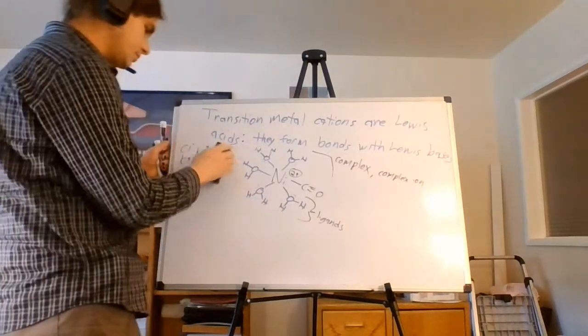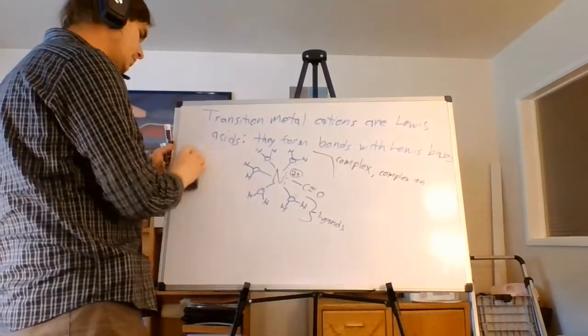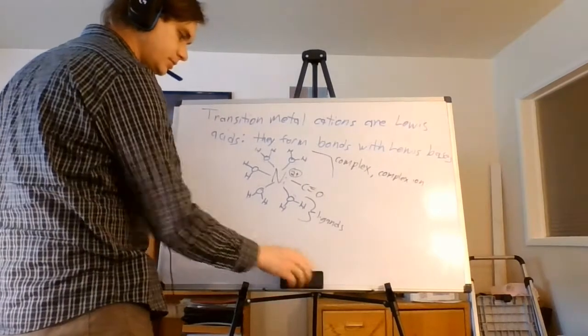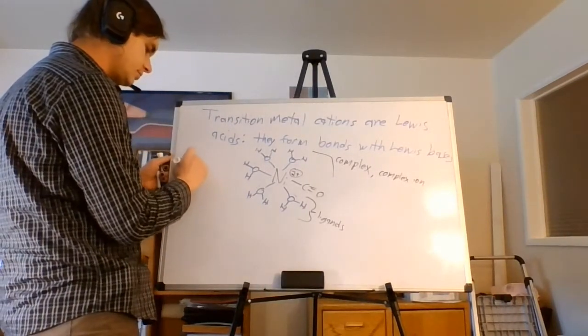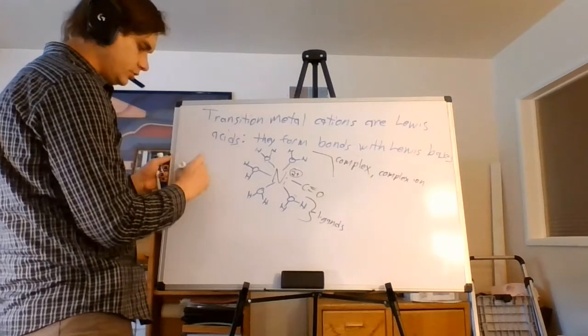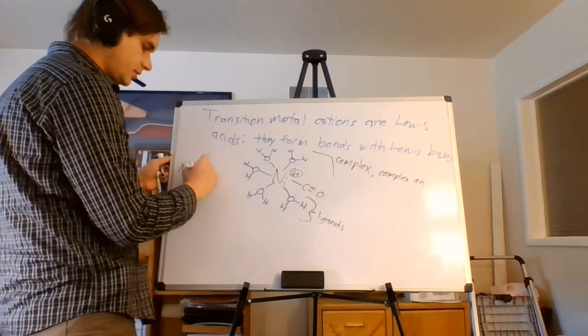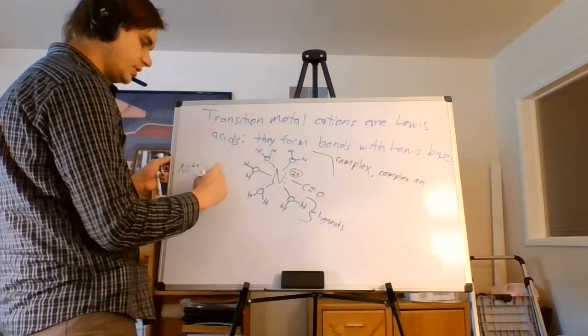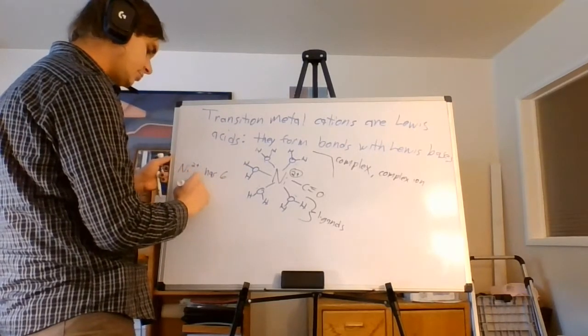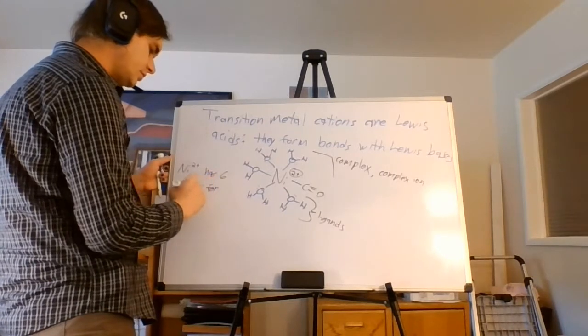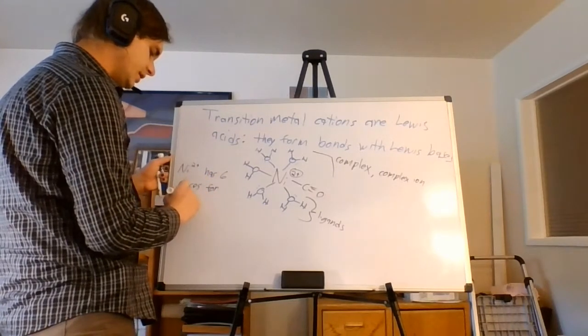Now, nickel, so specifically nickel 2 has 6 places for ligands to bind.